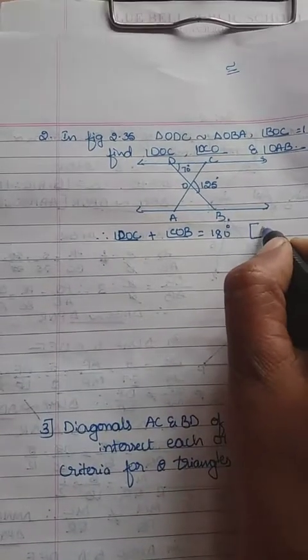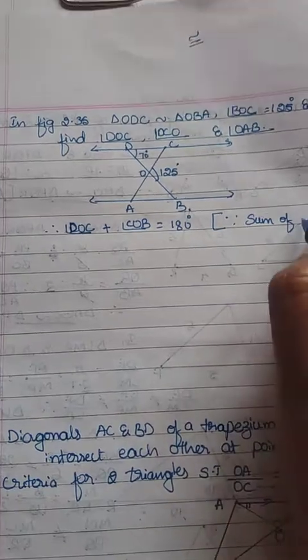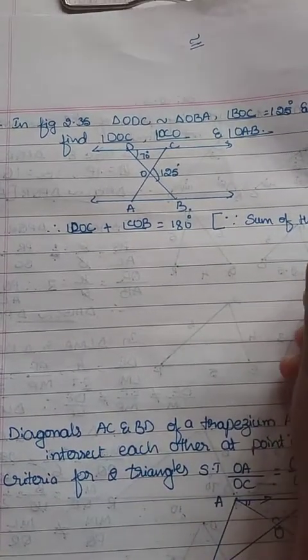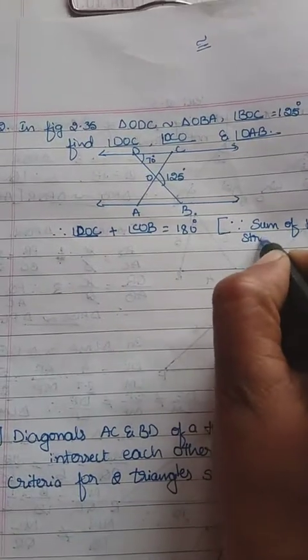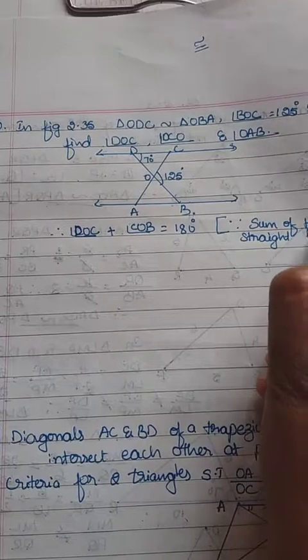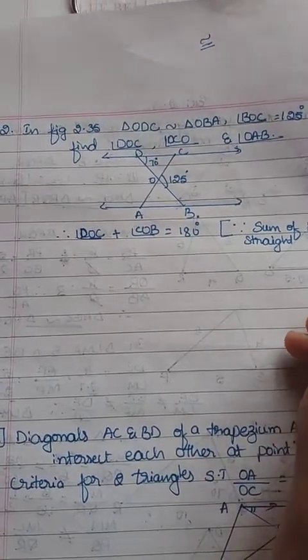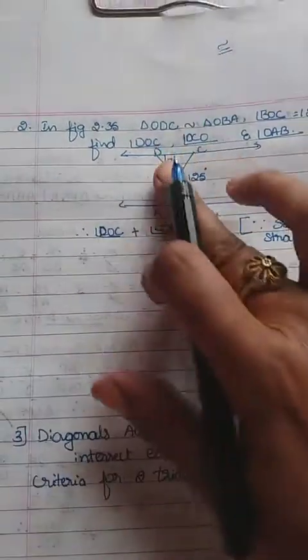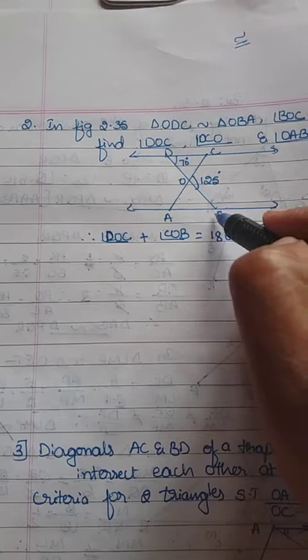Why? Because the sum of the angles on a straight line is equal to 180 degree. Clear? Here two angles we get on the straight line DB.